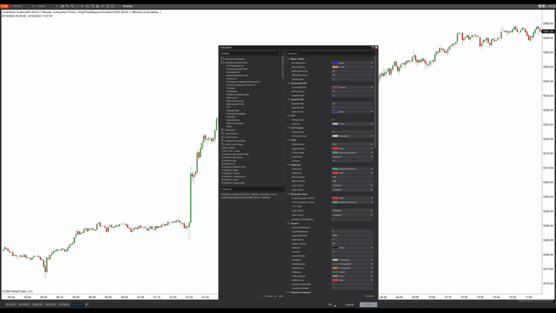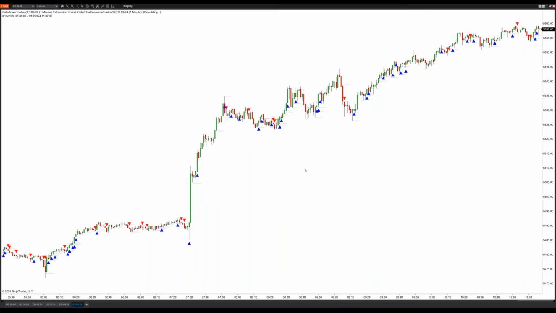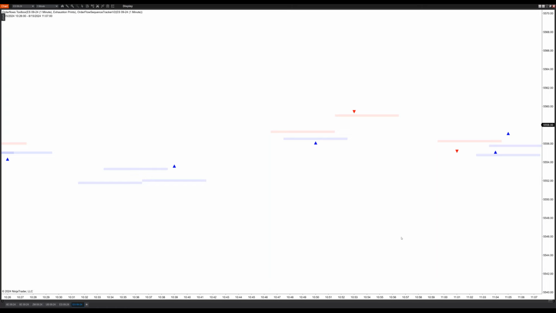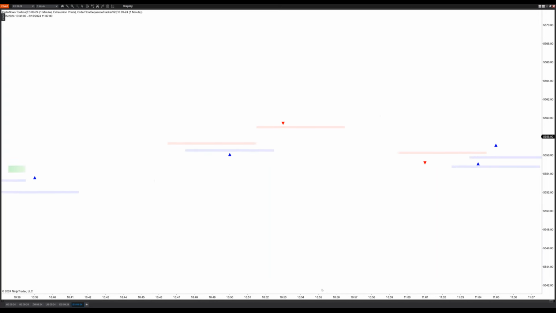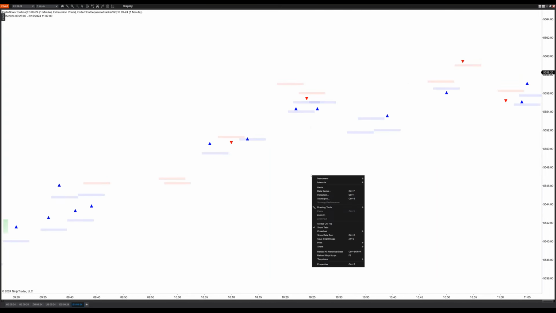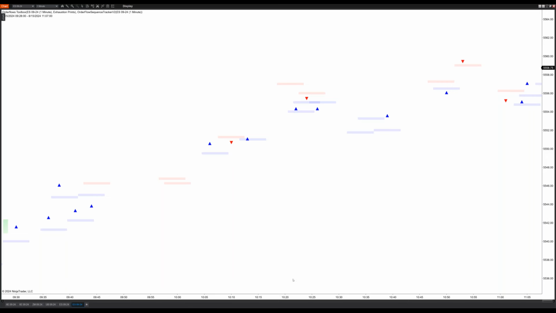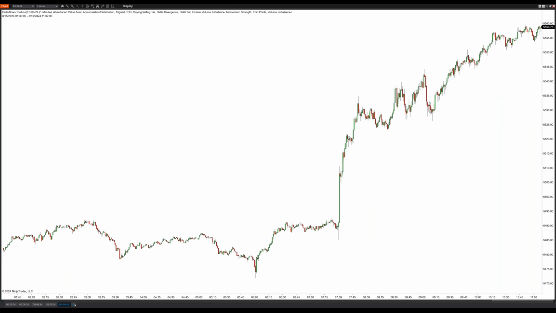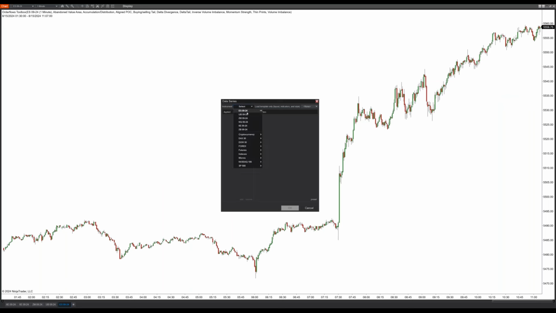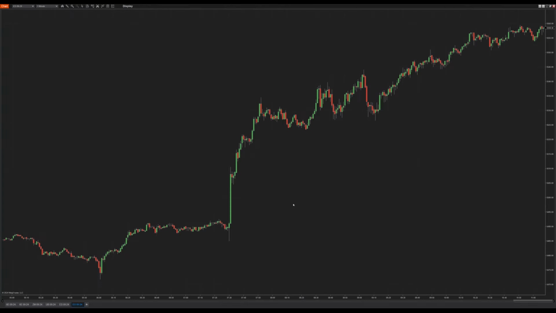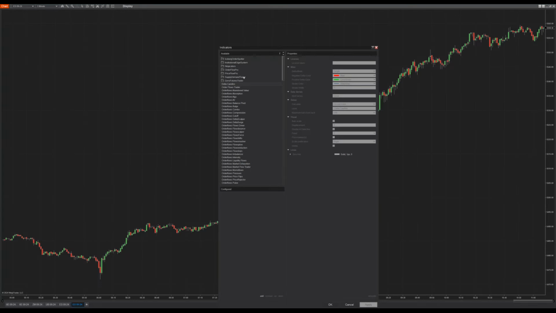I forgot if theirs requires tick replay or not. It still says calculating there. No, you know what? Because I've got a template on there, I would have to go back to an old template, not this template. So for example, if I were to load ES, none, okay, then I add theirs.